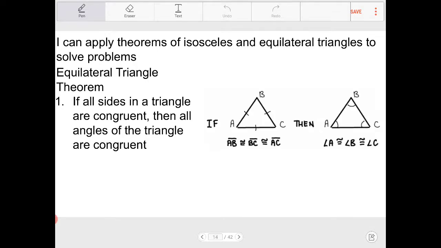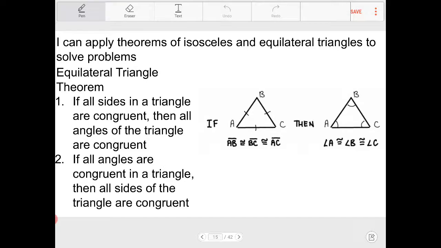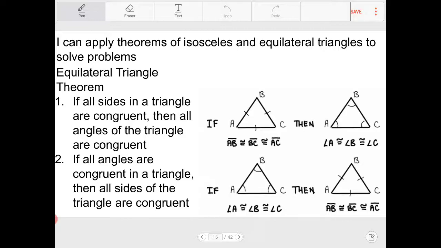And then the reverse is also true. The converse: if all angles are congruent in a triangle, then all the sides of the triangle are congruent. So if all three angles are the same, then all three sides will be the same.